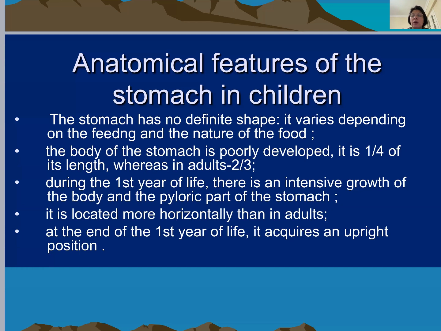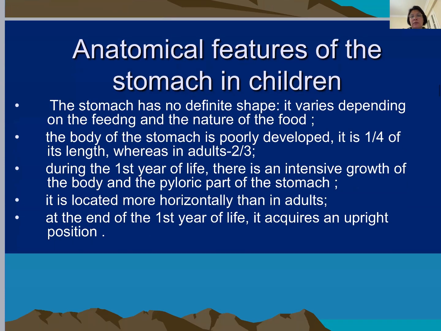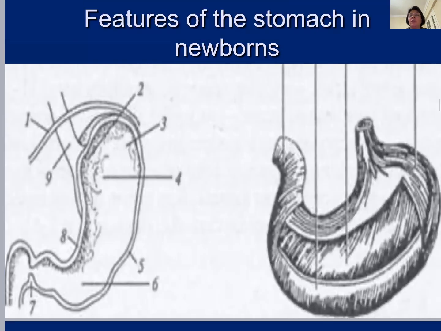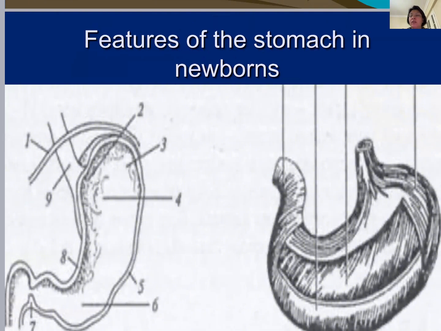Stomach is located more horizontally than in adults. At the end of the first year of life, it acquires an upright position. On this picture, you can see the horizontal position of the stomach in newborns.